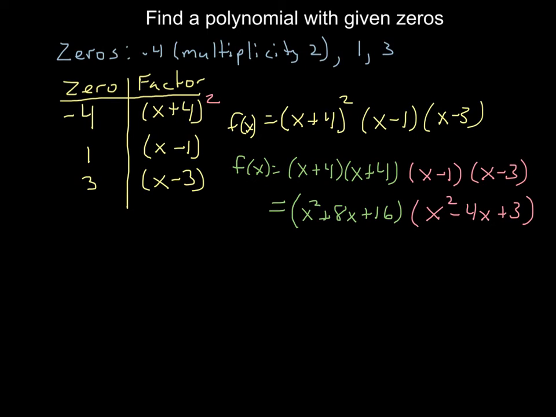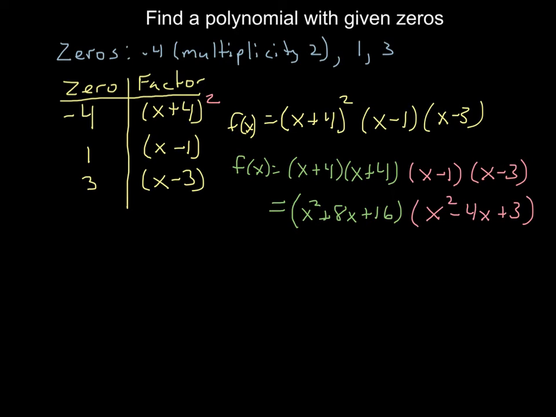Now, what we have to do is finish this problem up. I need to multiply these two pieces out, and in essence, I'm going to expand that FOIL. I'm going to take the x squared and multiply it by everything I see in red.